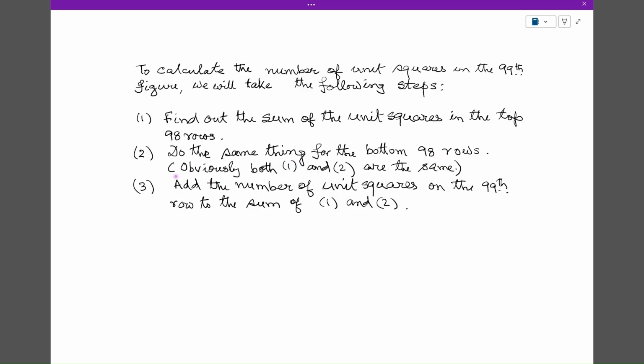Obviously, both 1 and 2 are the same because the figures are symmetric above the middle square and below the middle square. And step number 3 is, add the number of unit squares in the 99th row to the sum of 1 and 2.